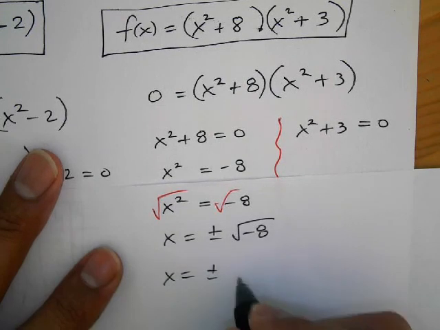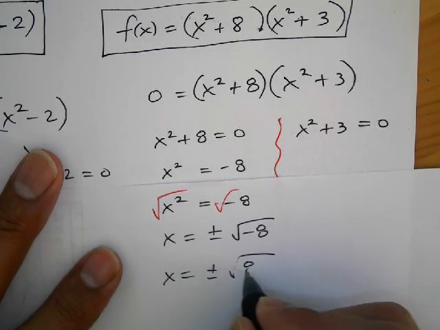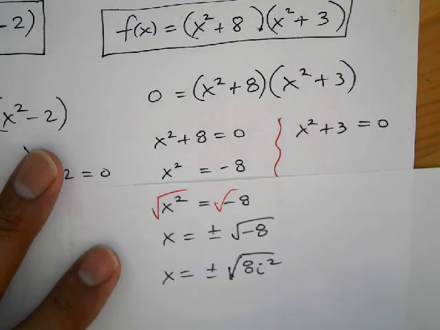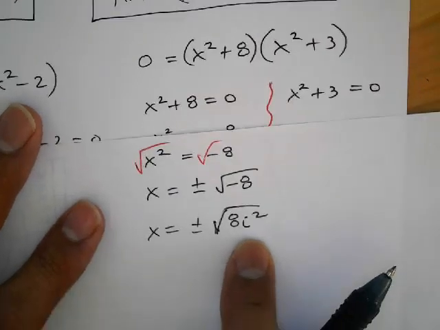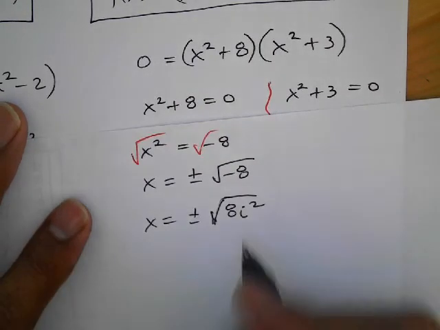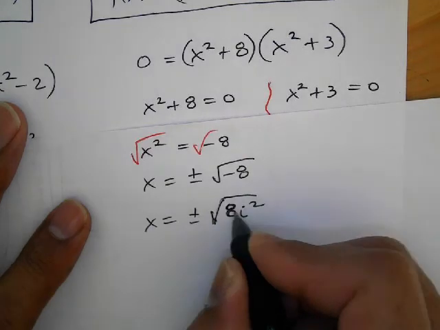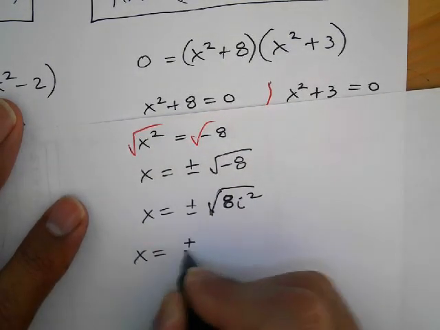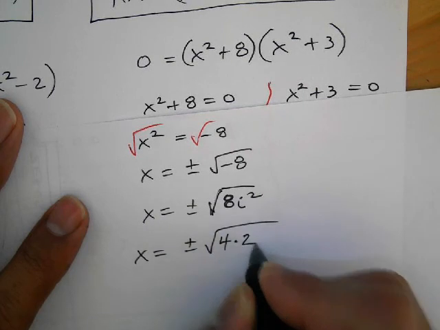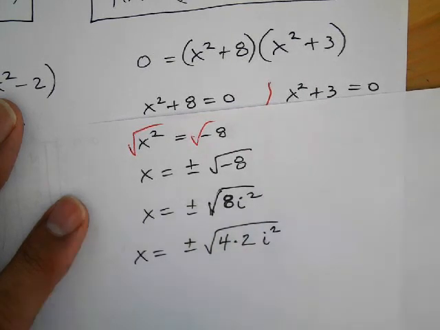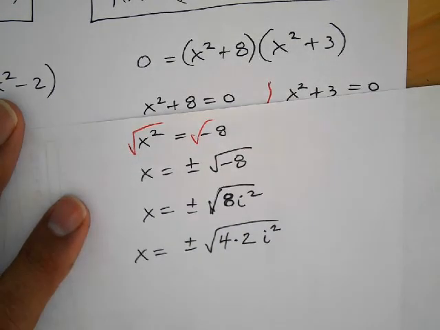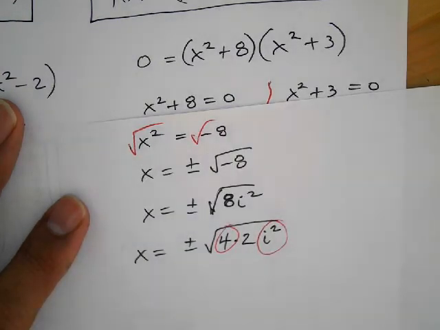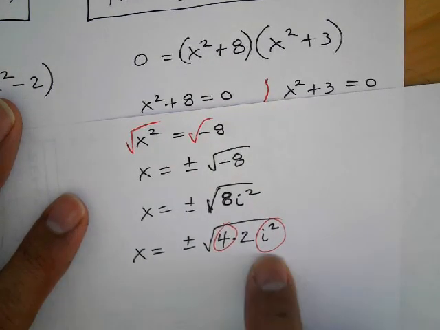Don't try to get ahead of yourself and forget the plus minus. That negative 1 is going to be x is equal to plus minus the square root of 8i squared, right? Anytime you have just a negative underneath that square root, just change it to i squared. And now 8 we can simplify. So that'll be x is equal to plus minus 8 is 4 times 2, and then I got that i squared.